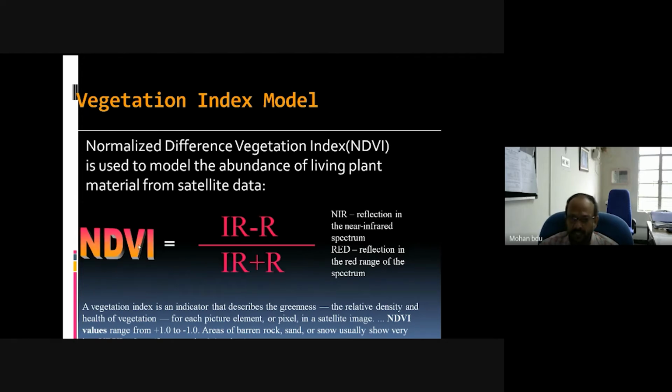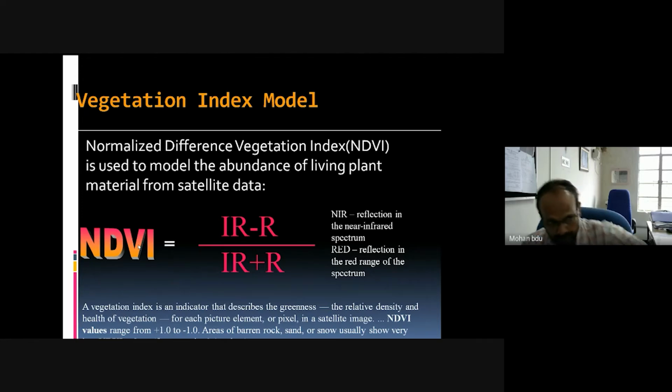You can see this is the equation for NDVI, where NIR is the reflection in the near infrared spectrum and RED is the reflection in the red range of spectrum. So a vegetation index is an indicator that describes the greenness.